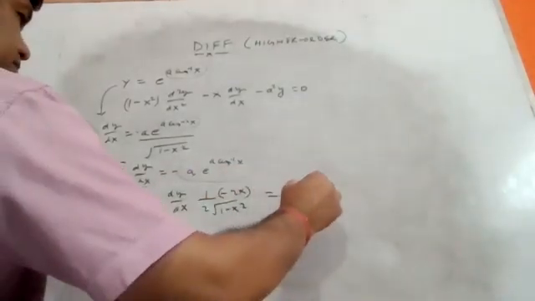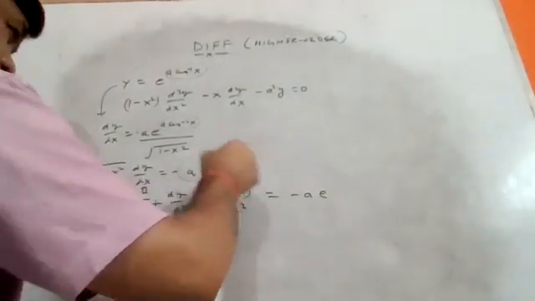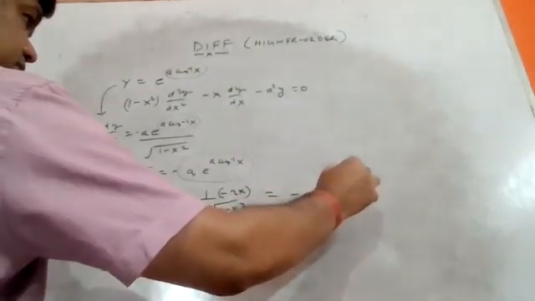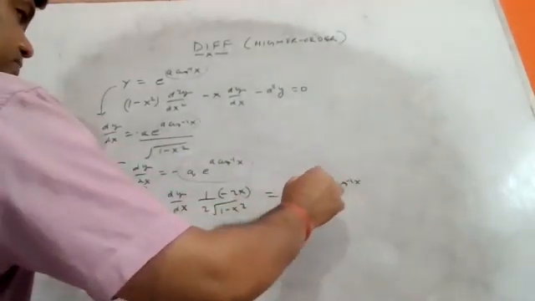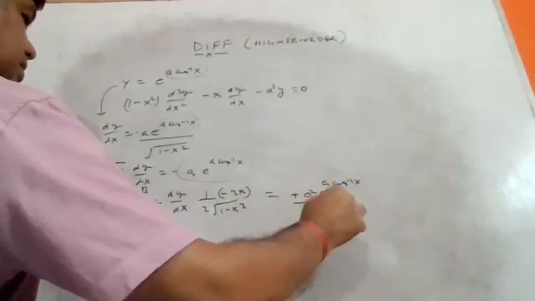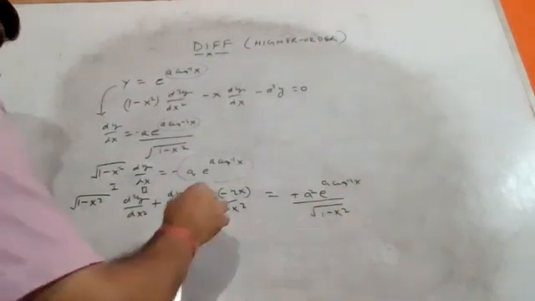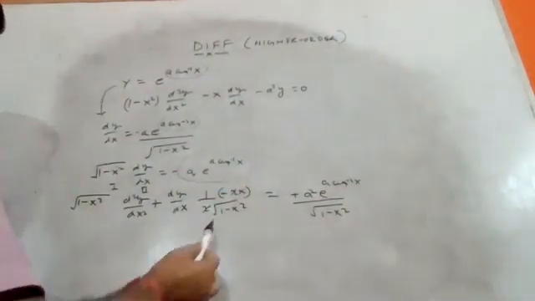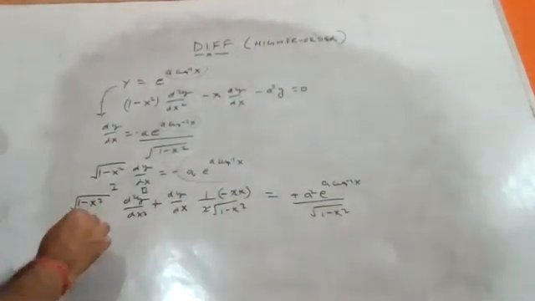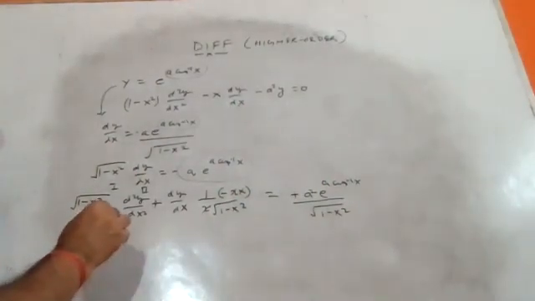And this is equal to this one. Here is what? Minus a e cos inverse x, a cos inverse x, and a is what? Minus 2 plus root of 1 minus x square, because minus into minus is plus. Differentiation of cos inverse x is what? Minus. The 2 cancels out. Now take the LCM here. 1 minus x square is this one. Root is removed.